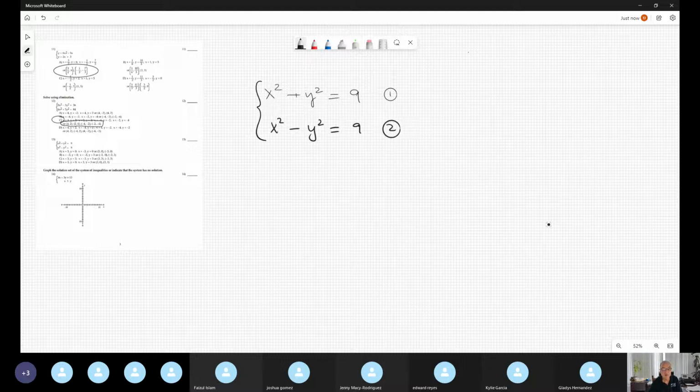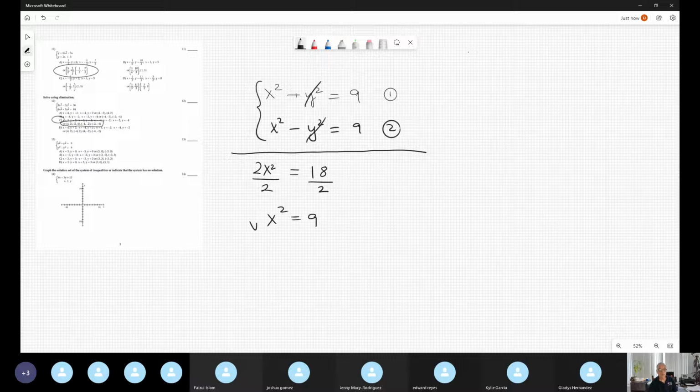This is my system, non-linear. But this is because it's ready for elimination. So you add equation 1 plus equation 2, you have 2x squared. That part's cancelled. And this is 18 divided by 2 and 9. When you apply square root, plus or minus 3.